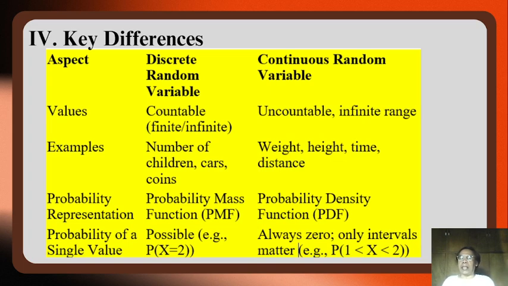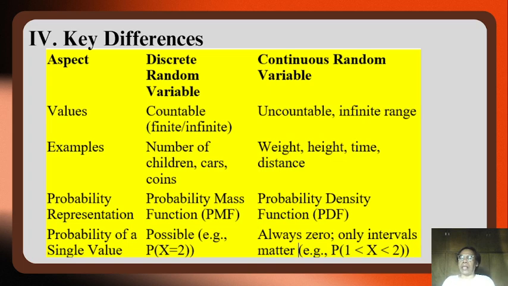and distance. The probability representation of a discrete random variable is the probability mass function, and the probability representation of a continuous random variable is the probability density function. And then, the probability of a single value for a discrete random variable, for example, the probability of x is equal to 2.